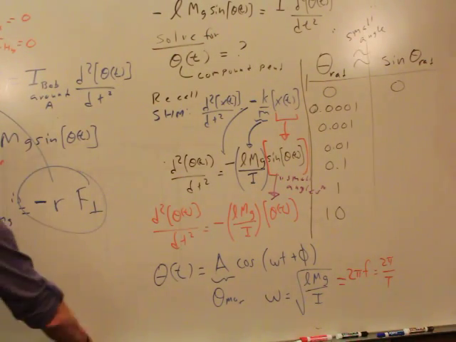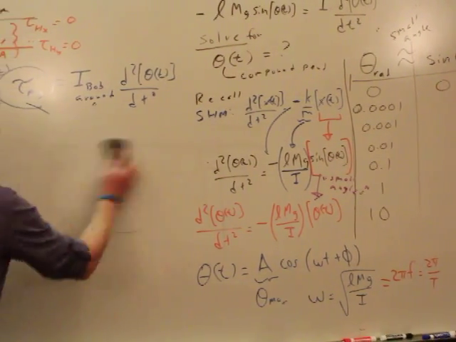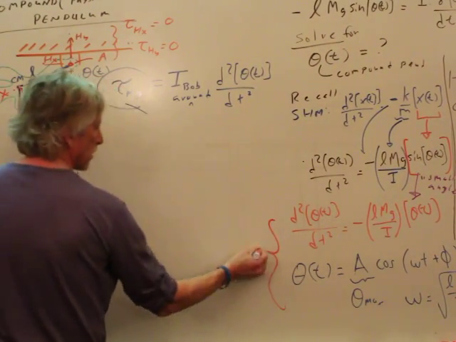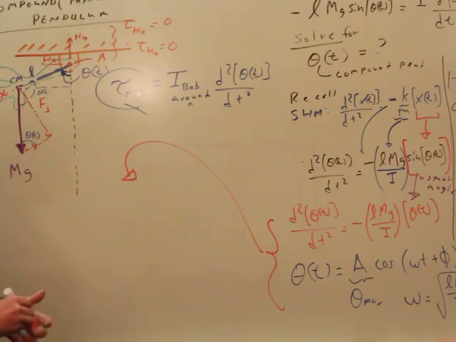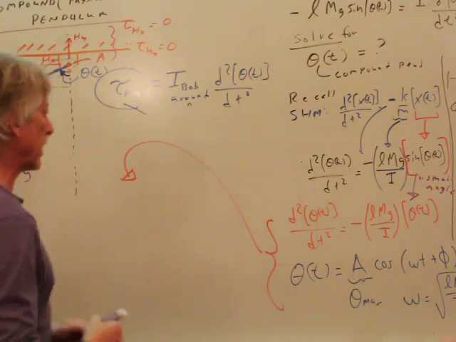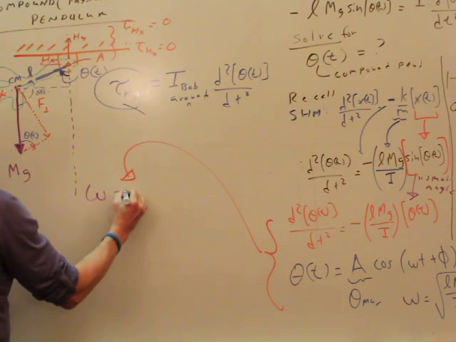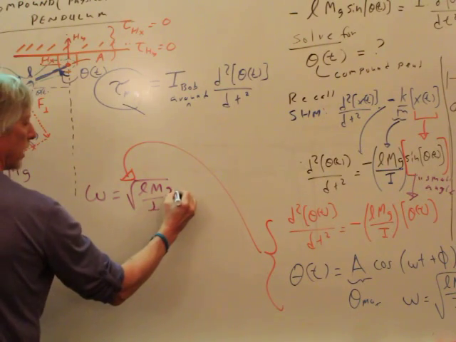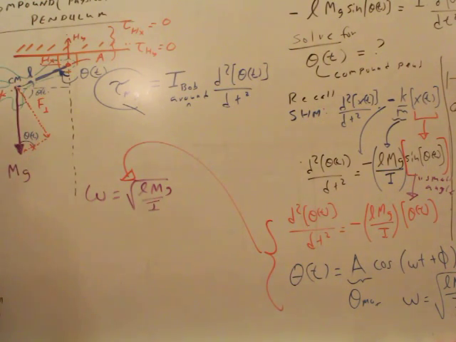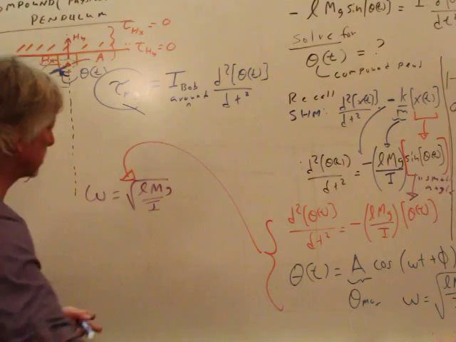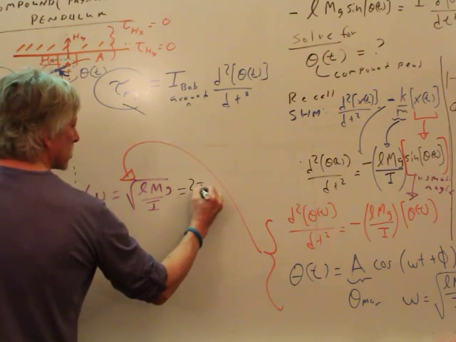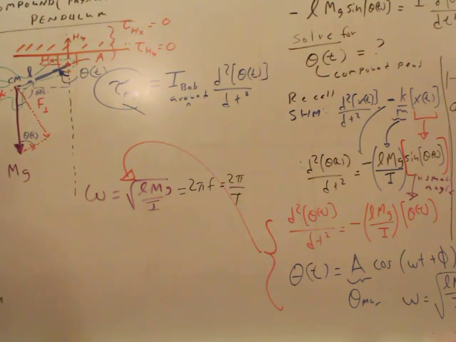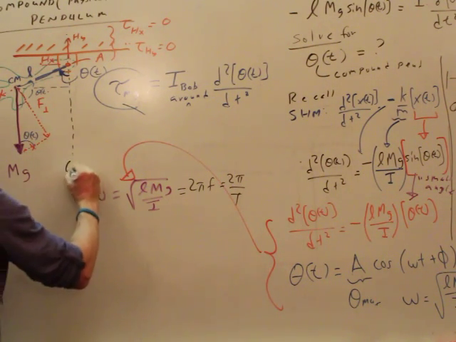And so here we realize the value of videos, because your brain's exploding the first time. And that is that omega equals the square root of L m g over I, which is 2 pi f, which is 2 pi over T. Repetition's how you learn it. It is a constant of the motion.